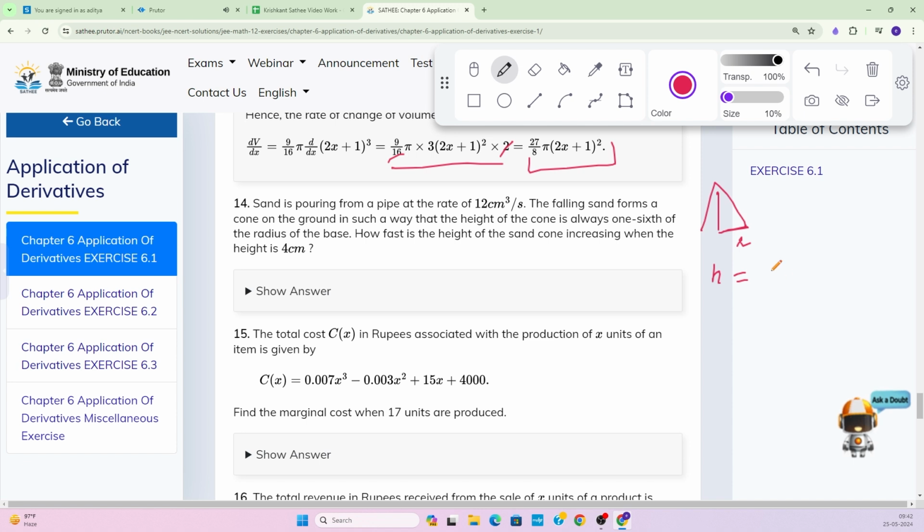So it will be 1/6, which means r by 6. I hope that it is clear. Now, how fast is the height of the sand cone increasing when the height is 4 centimeter?